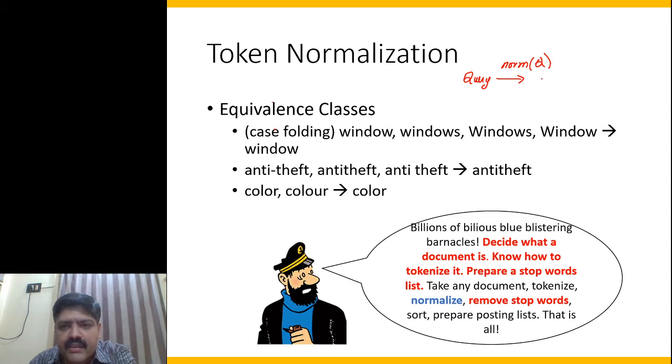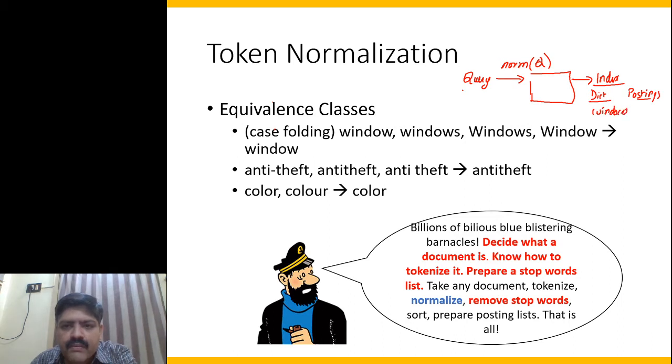So let's say this is my retrieval system, and this is my index. In my index, I have the dictionary, and then I have my postings list. Here I could have the normalized form.